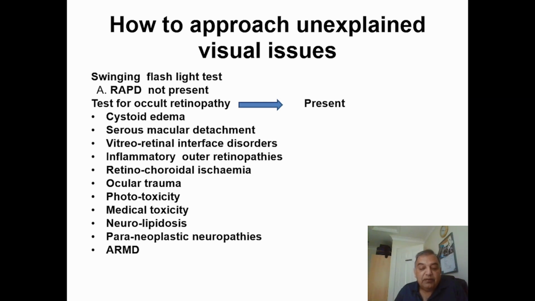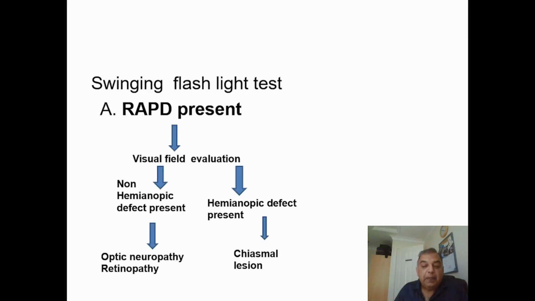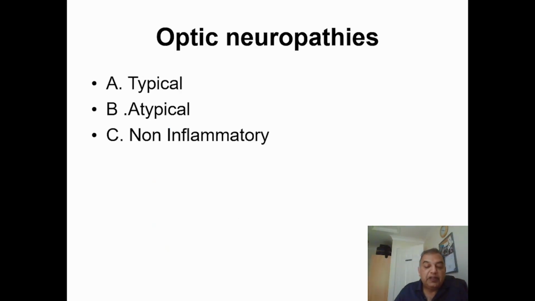Definitely do think of various forms of optic neuropathies and the conditions that are mentioned there. So just to recap this: swinging flashlight test, RAPD present, do a visual field evaluation. If there is a hemianopic field defect, then it's likely to be a chiasmal lesion, and if it's a non-hemianopic defect, then think of optic neuropathy or a retinopathy.